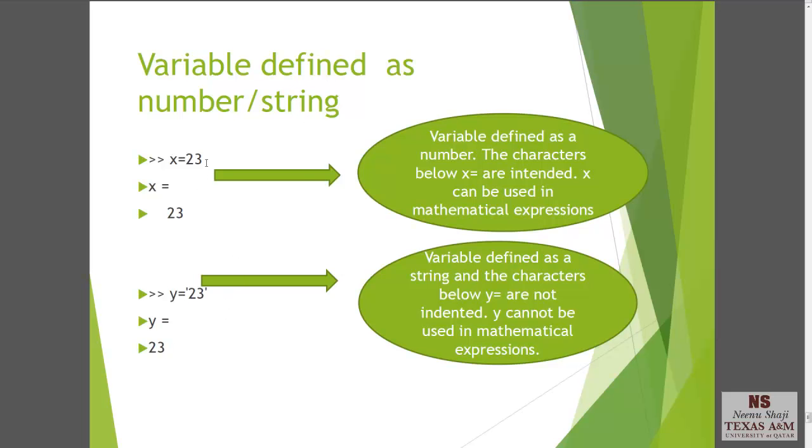When x is equal to 23, you see x displayed as 23. The characters below x equal are indented. So x can be used in mathematical expressions. Whereas y equal 23 in quotes, the characters below y equal are not indented. So y cannot be used in mathematical expressions.